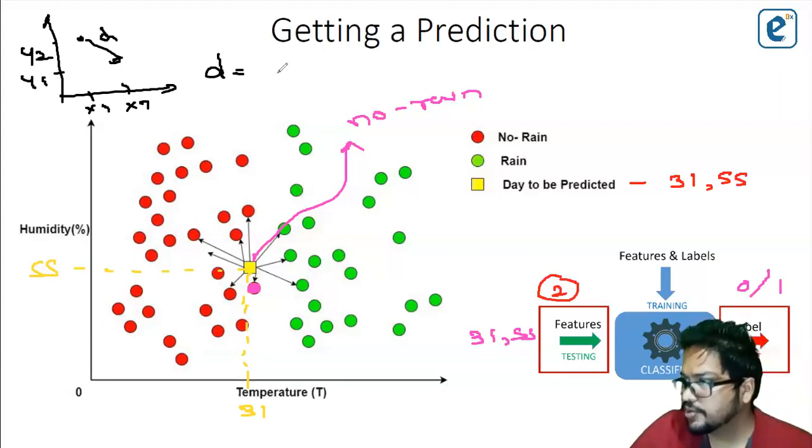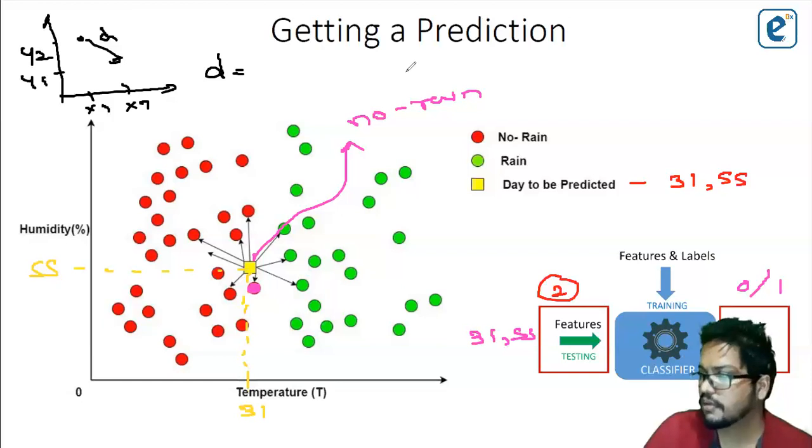D is equal to what? Don't give me the equation, but what's the theorem we are going to use to find this distance?